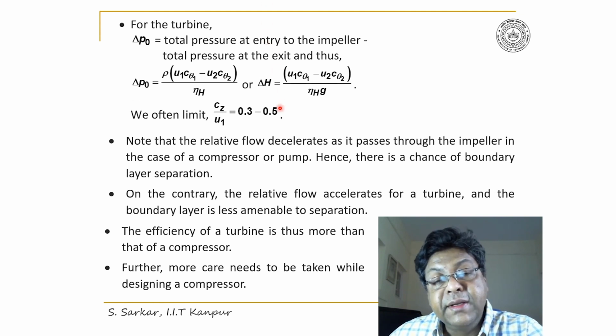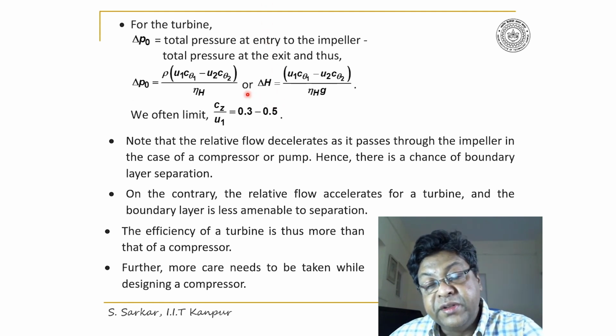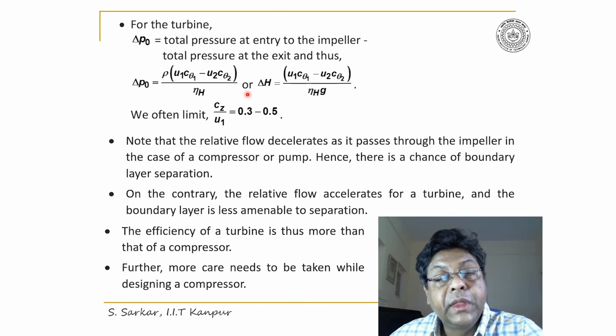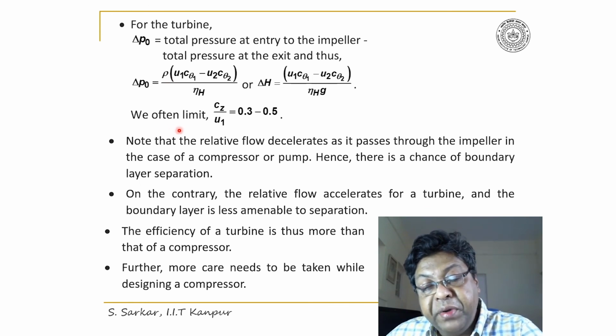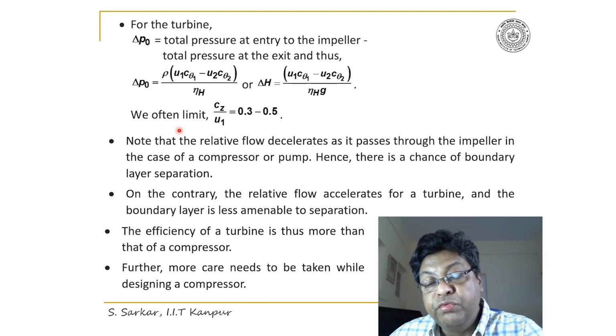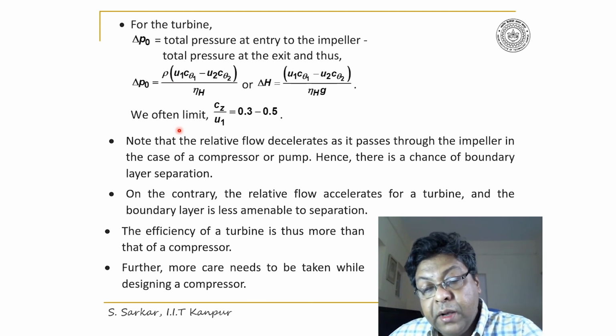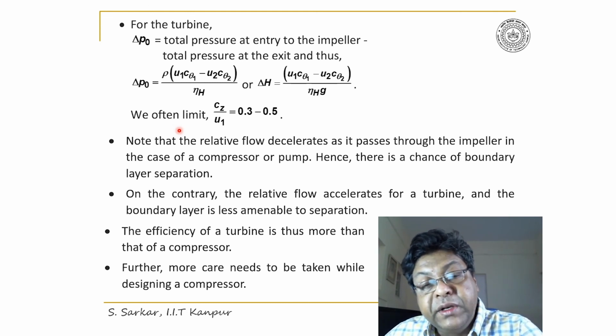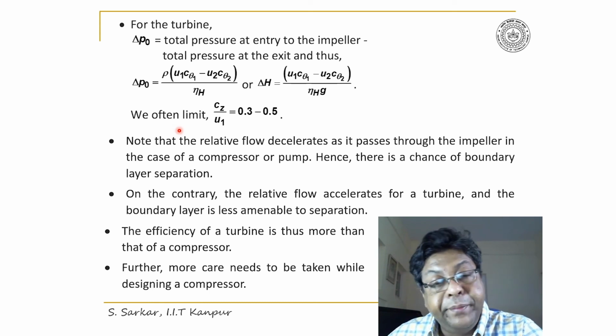Similarly, I can write del H, that is head drop in a stage, is equal to U1 C theta 1 minus U2 C theta 2 divided by eta H into g. We often use an empirical relation, Cz by U, where U is the blade speed. We keep that in a limit of 0.3 to 0.5.